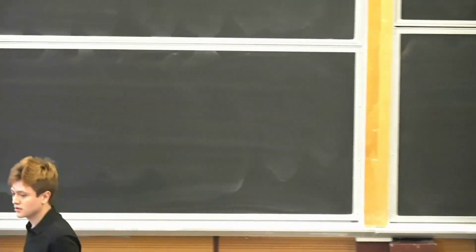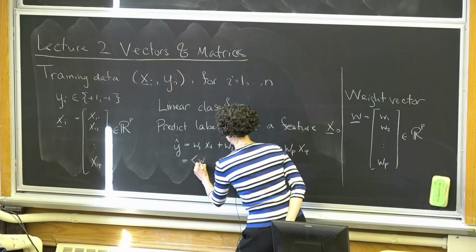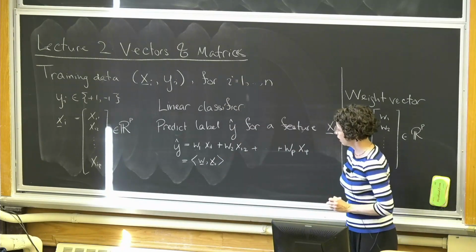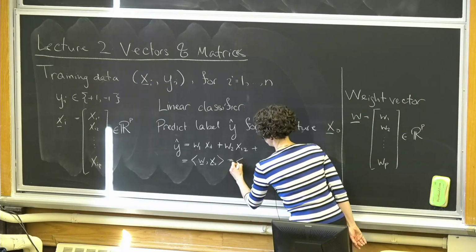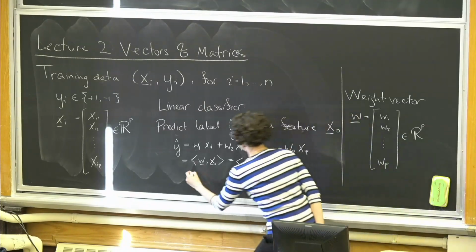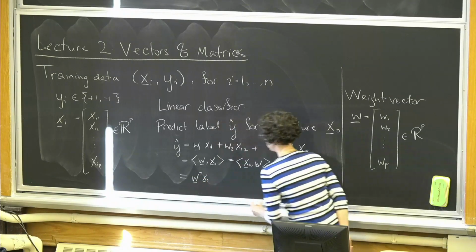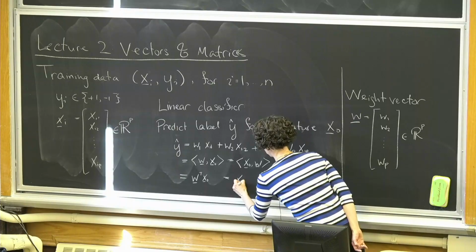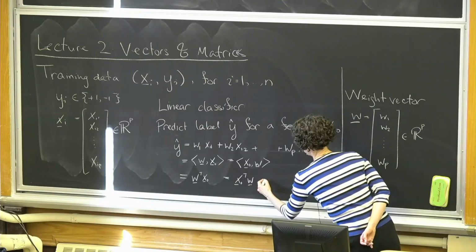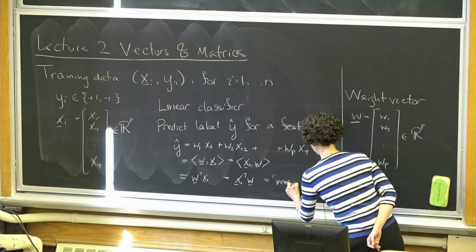And so last time we said there were 4 different ways we could write this. We could use these angle brackets and write this as W and x naught inside the angle brackets. The order doesn't matter, so we could also write it as x naught and W inner product. And we said we could also write this as W transpose times x naught. And we could also write it as x naught transpose times W. All of these are equivalent ways of writing this weighted sum, and we call it an inner product.